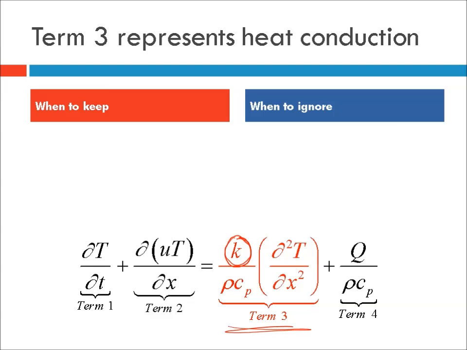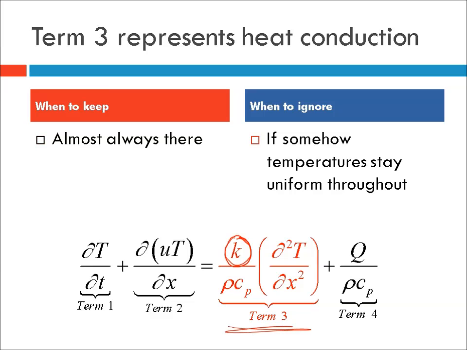So heat conduction can always take place in a very passive way, unless of course every place has just one temperature. Somehow temperature is uniform everywhere. If the temperature is uniform, then del T del X is 0, del square T del X square would also be 0.